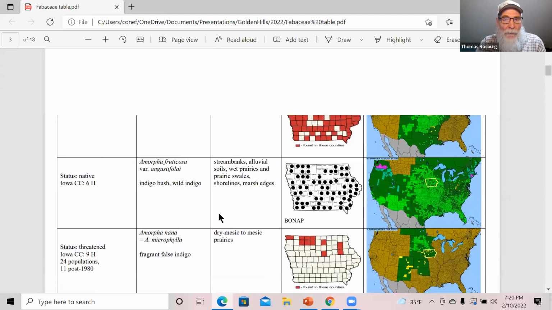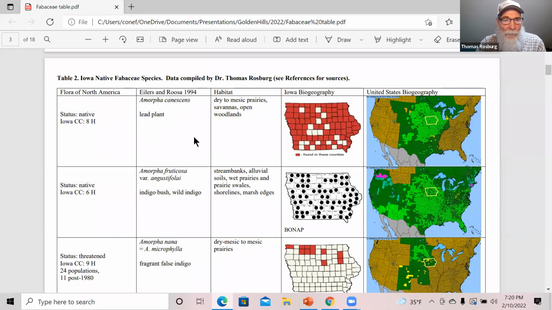So here's the other table. Again, it lists all of the species and shows you all this great information, information about habitat. Now this first column, if the Flora of North America had been done for Fabaceae, the Flora of North America name would be right here, but it's not done yet. So we don't know what Flora of North America is going to say is the correct name. I'm sure in this case, Flora of North America is going to say Amorpha canescens is the name here, but I'm not going to put it in there until the flora is actually out. So this column is showing again what the nomenclature is according to Flora of North America, and then what the status is and what the coefficient of conservatism is.